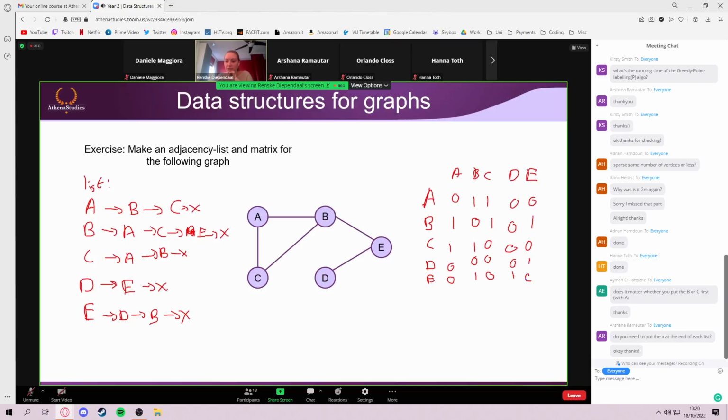And E is also not connected to itself. So this would be my matrix.